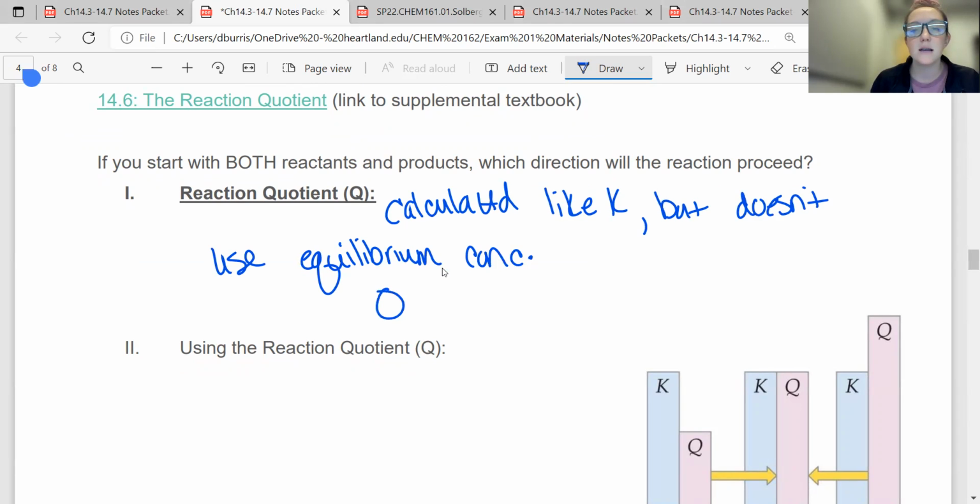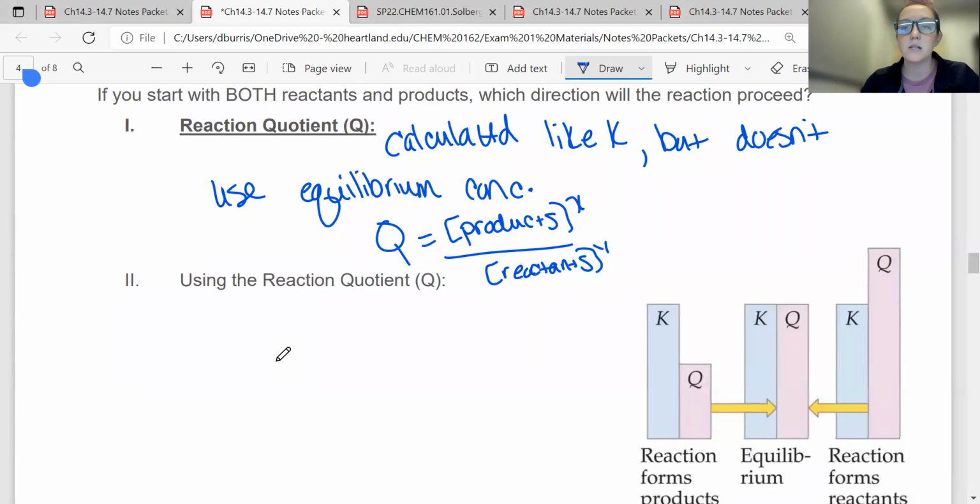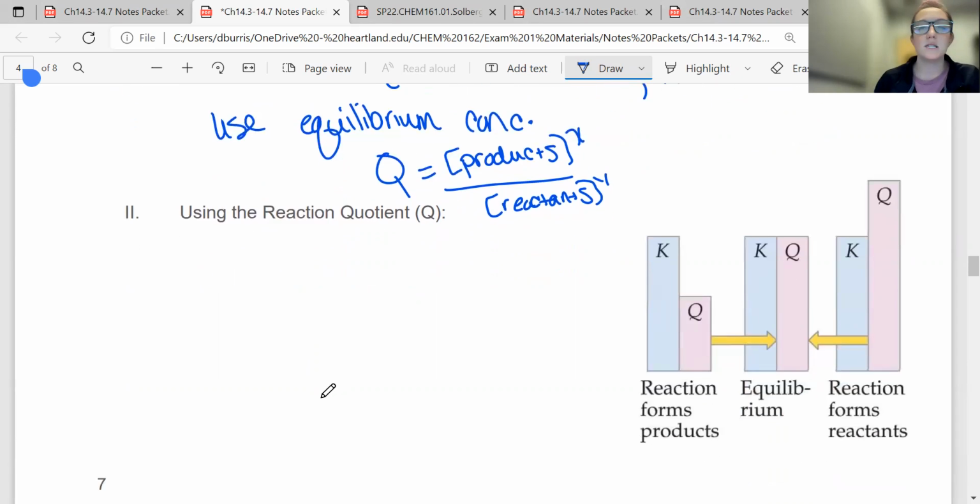It's the same thing: products to whatever powers over your reactants to whatever powers. It's calculated exactly the same, C^c D^d over A^a B^b. Essentially, what it's going to tell you is how far away you are from K, from reaching equilibrium.